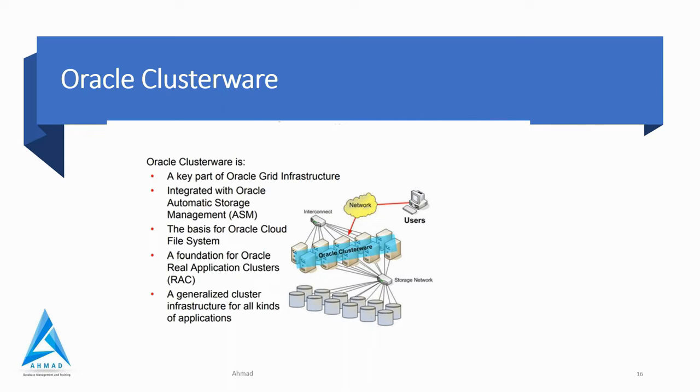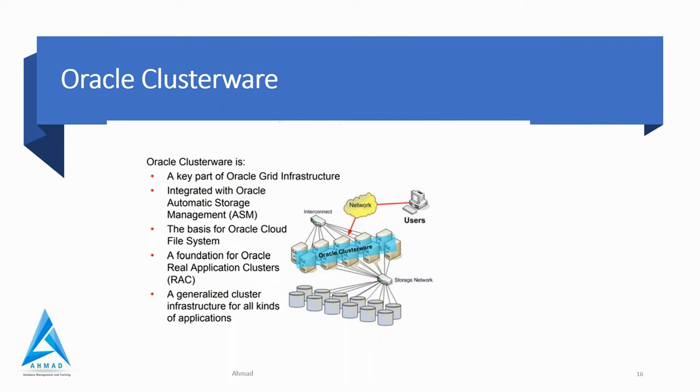For other data-related files like documents and spreadsheets, you have ACFS. You can use these in your environment. And Oracle also provides Data Guard, by which you can provide better high availability, or maximum availability, MAA, and that is basically your Clusterware.